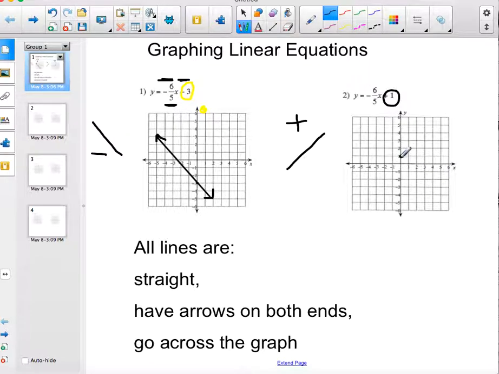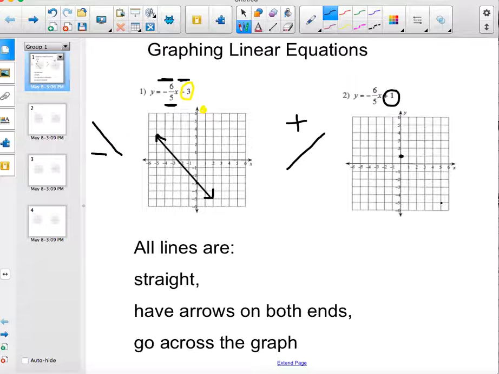So last time I went up 6 and to the left 5. When I try to do that on this one, 1, 2, 3, 4, 5, 6, I can't go up 6. So I can go down 6, 1, 2, 3, 4, 5, 6. But instead of going to the left, I have to go to the right. Why do I go to the right? Because I still want my line looking like this, going in this direction, because it's a negative slope.